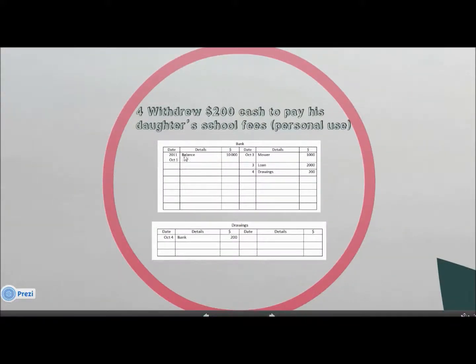The third is withdraw 200 cash to pay his doctor's school fees, personal use. It is drawings and bank. Drawings is debit, and bank is credit. So we put 200 on the credit side of the bank, and the drawings is 200 on the debit side.